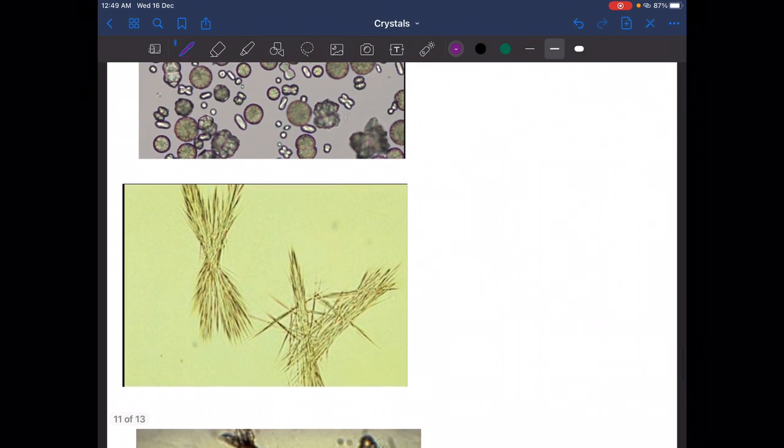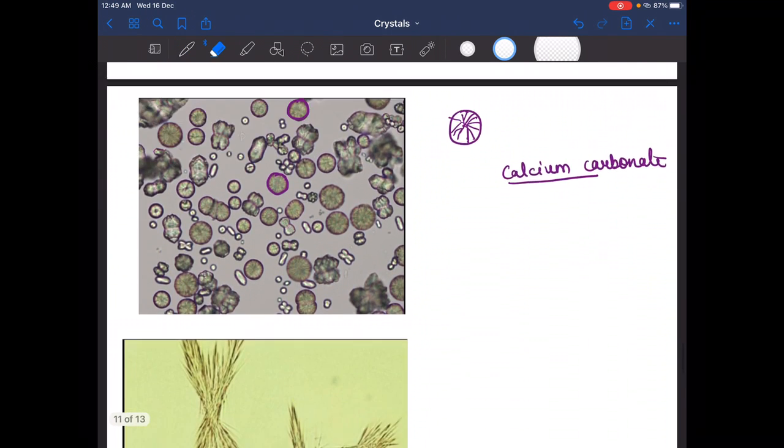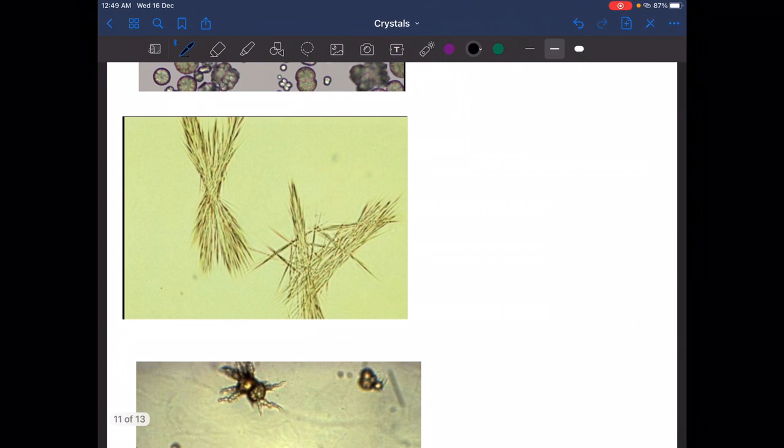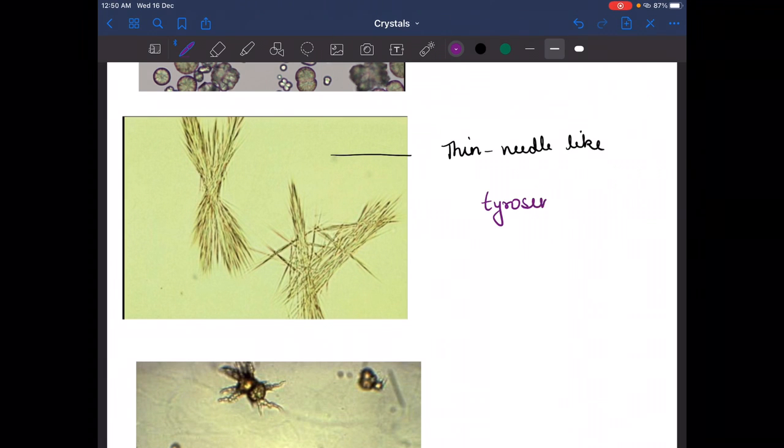Now next, in this photo we can see that these are very thin and needle like. If we see crystals that are very thin and needle like, we can say the composition is tyrosine.